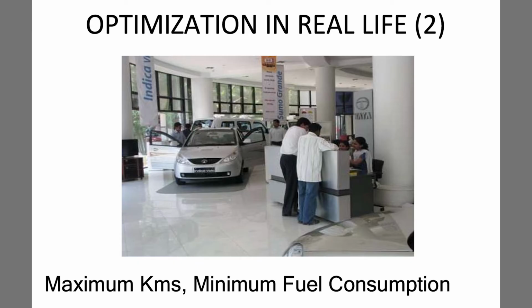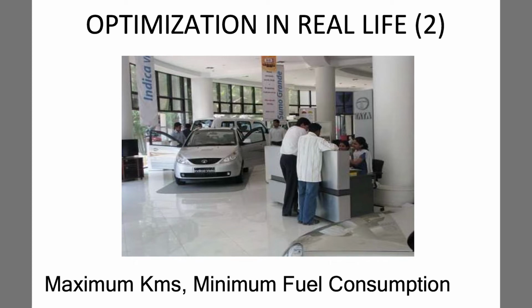Let me illustrate this in another picture. Look at this picture, what are these persons doing? The persons are dealing with the dealer in order to purchase a 4-wheeler. So, what might be the objective of this person? This person will always look for a vehicle whose mileage is very great. How is the mileage measured?